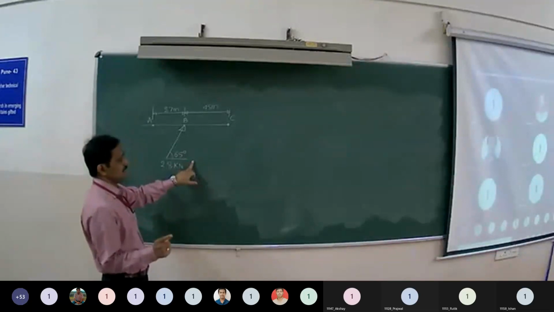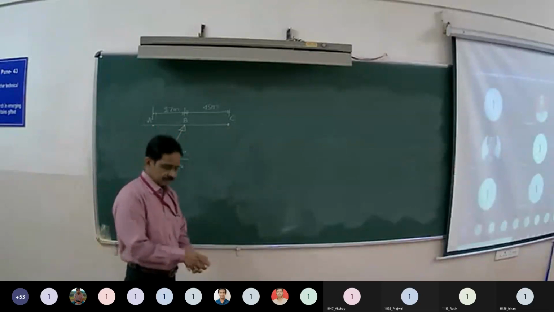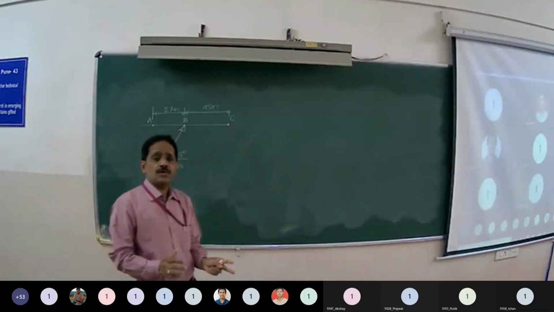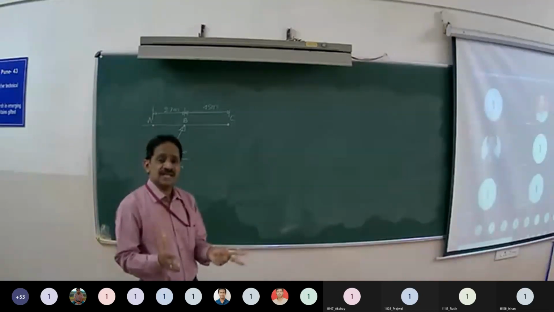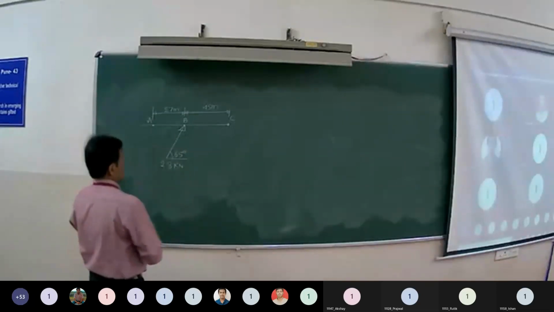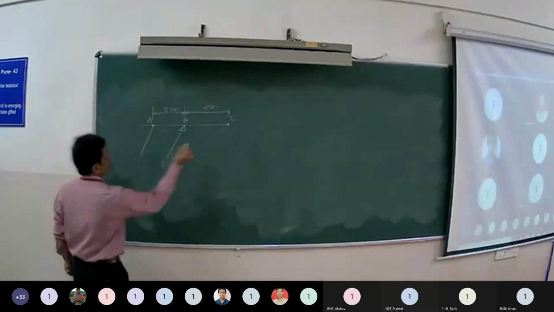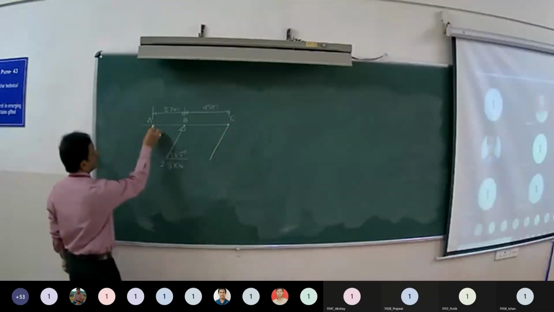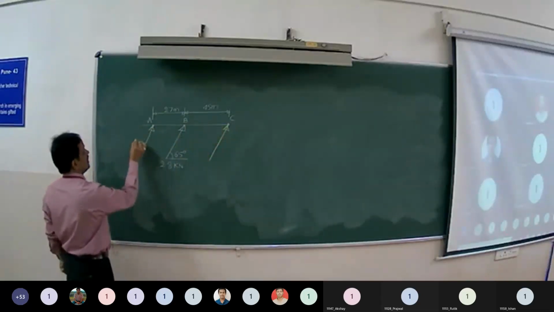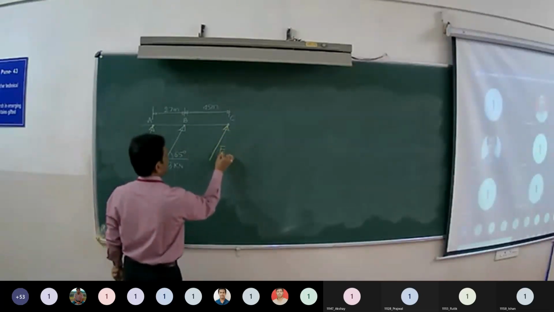Find out equivalent system having two parallel forces at A and C. It is said that two parallel forces. Nothing is mentioned about whether those two forces must be vertical or any particular direction. So I will consider those two forces, parallel forces at A and C in the direction of the given force. I will call this as Fa, force at A, and a force at C as Fc.